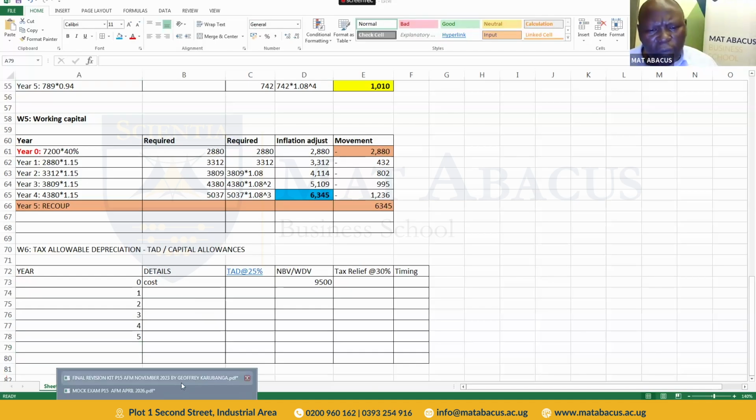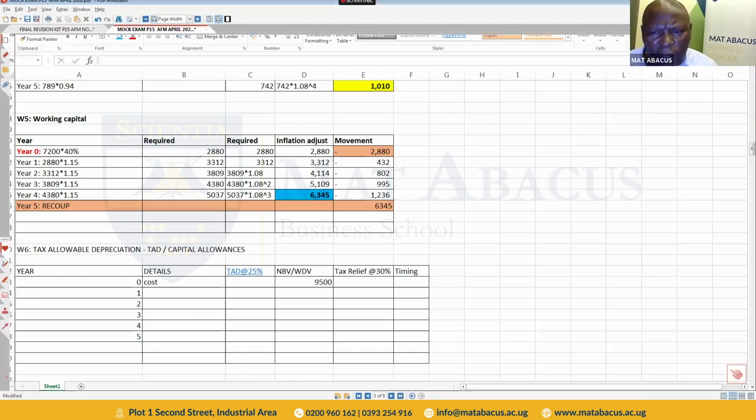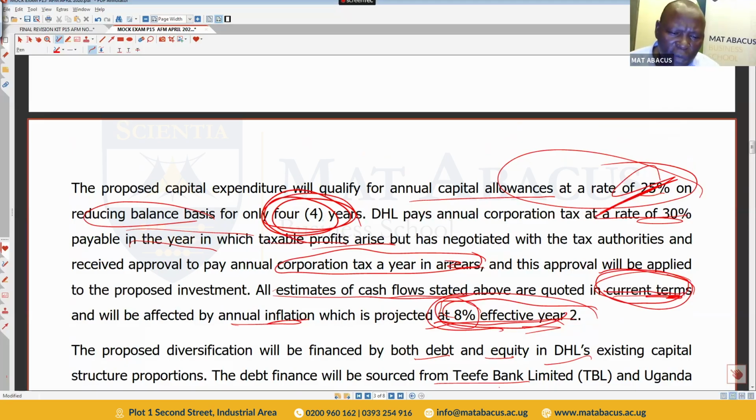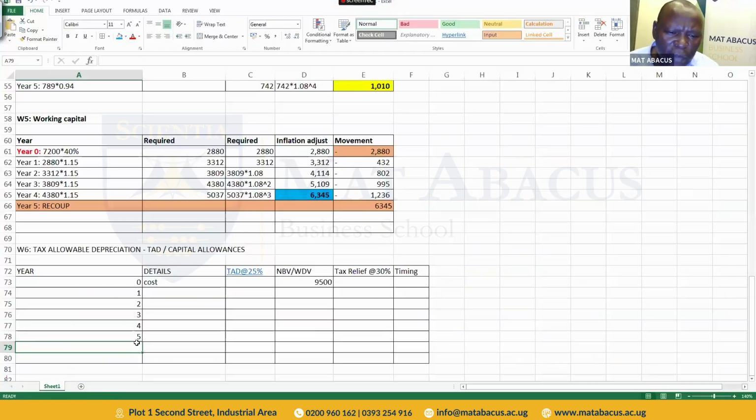Let us read again. Is it 5 years? Let us see how they are depreciating it. Depreciating for 4 years, only 4 years. You can even see it from 25%. It is 4 years, not 5. The project is 5 years, but this one you are depreciating for 4.